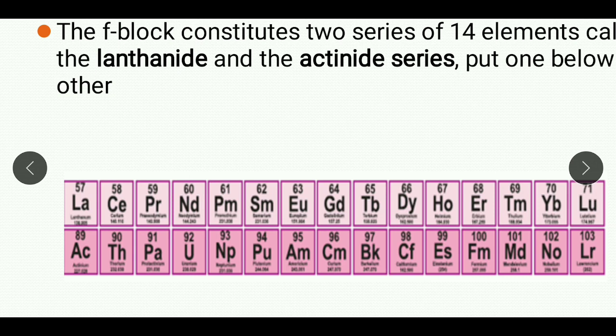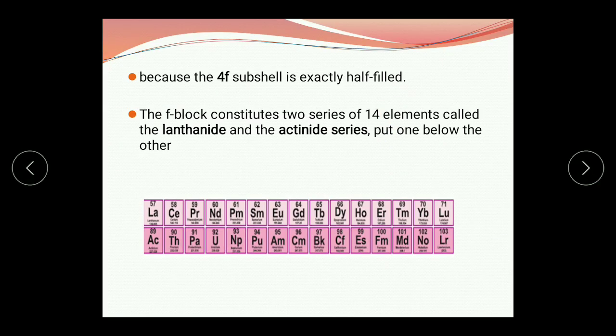The electronic configuration will be 7s2, 6d1, 5f1. And lawrencium, the last member of f block with atomic number 103, has the electronic configuration 7s2, 6d1 and 5f14. So this is all about the electronic configuration in the 4 blocks s, p, d and f.